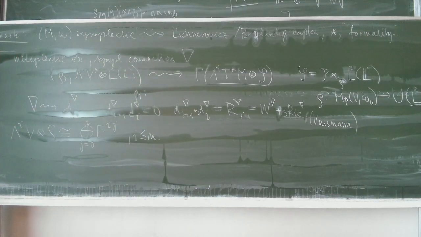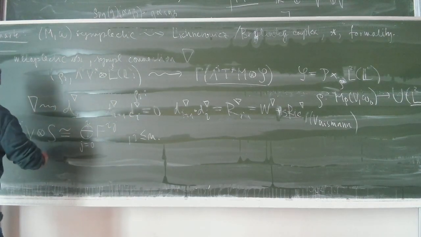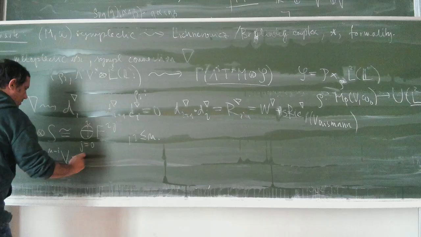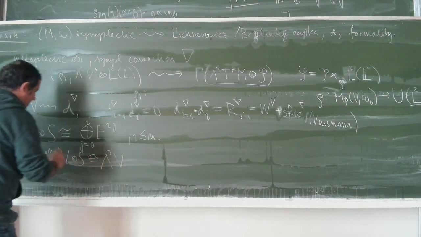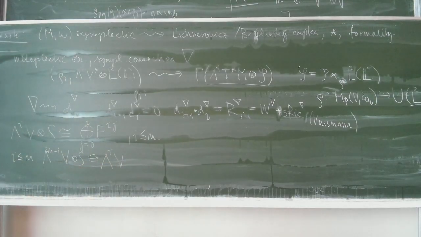If i is bigger than n, there is a similar description, given by this isomorphism. Now the dimension of the manifold is 2n.